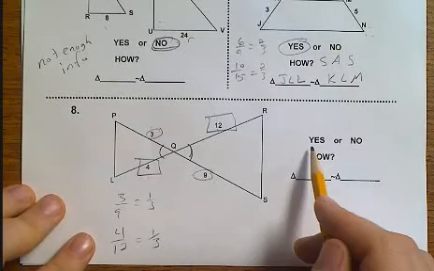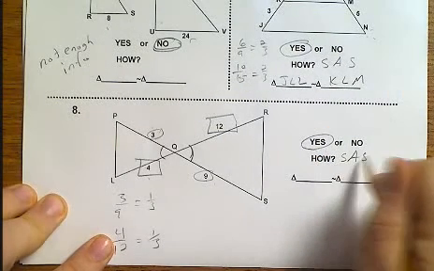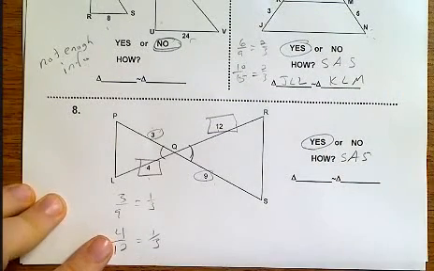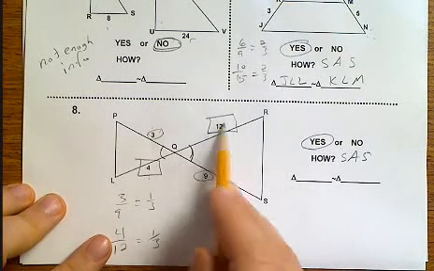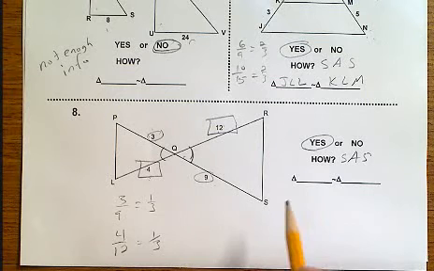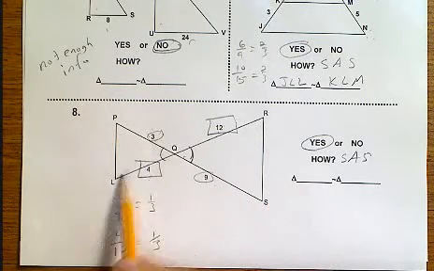I've got 3 pieces of information. SAS. So how do I know? Well, side, angle, side matches side, angle, side. So we give these a name. PQL.